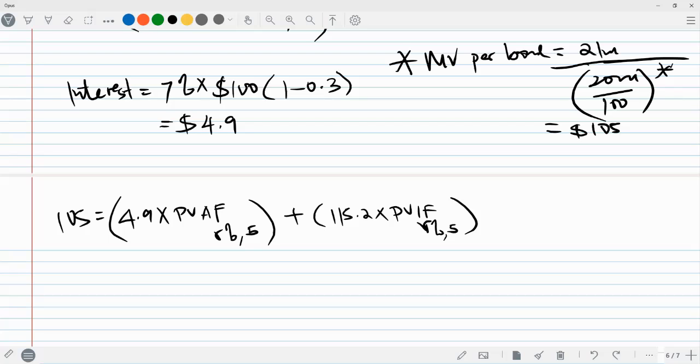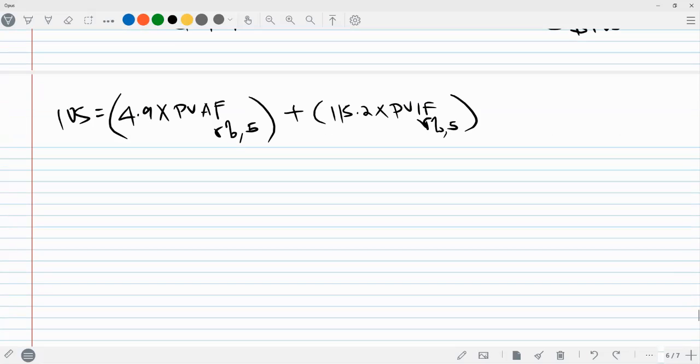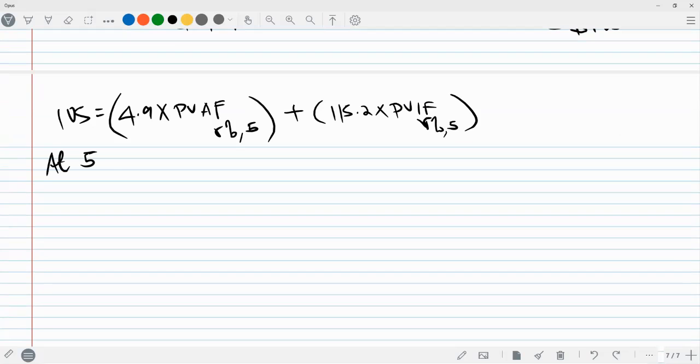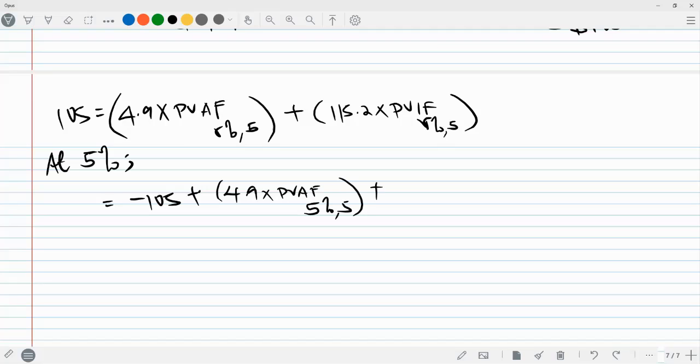Therefore we can begin at 5%. At 5%, we go to negative 105 plus 4.9 times the present value factor, 5%, 5 years, plus 115.2 times the present value interest factor, 5%, 5 years. You get how much?